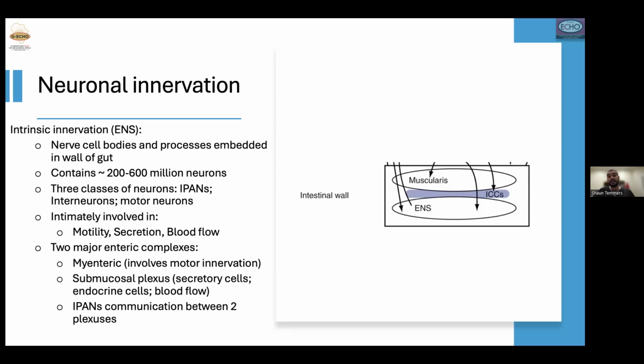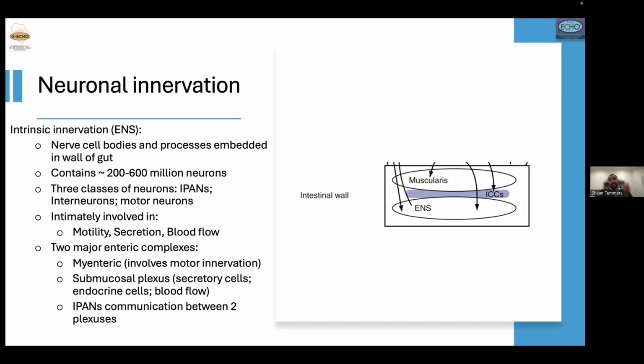All three classes of neurons are present: motor neurons, interneurons, and primitive sensory neurons. IPANs can also be seen within that network. The IPANs are thought to be communicating and signaling between both the motor and sensory neurons within the intestinal wall.